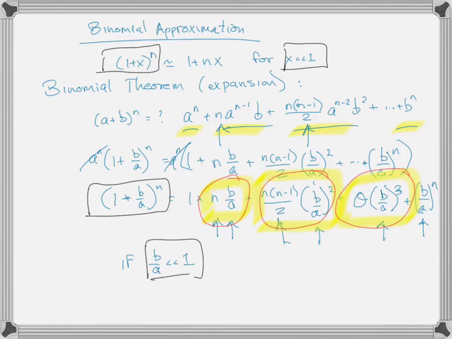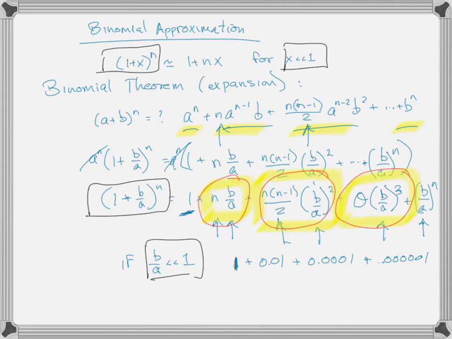And so let's go ahead and write this out. We've got the 1 up front, right? Plus, and forget the n's for now, 0.01, if b over a is 0.01, plus 0.0001, plus 0.000001.